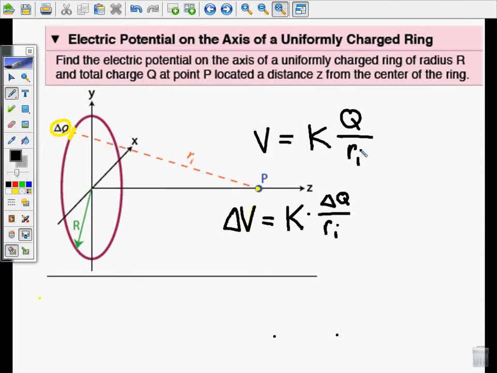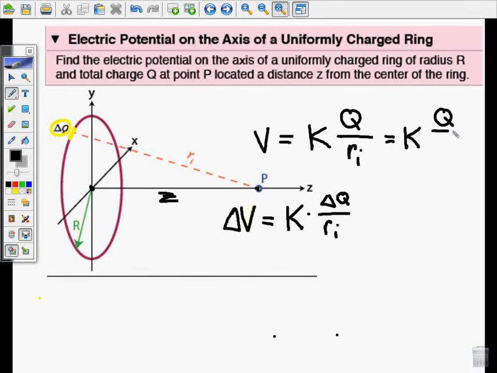But a lot of times it's not given in terms of R sub i. It's given in terms of this distance here, from here to there, a distance Z along the Z axis. So what does this become?